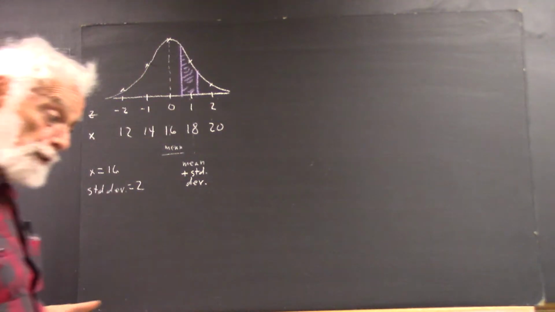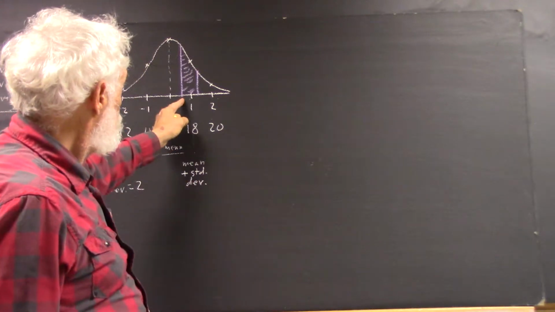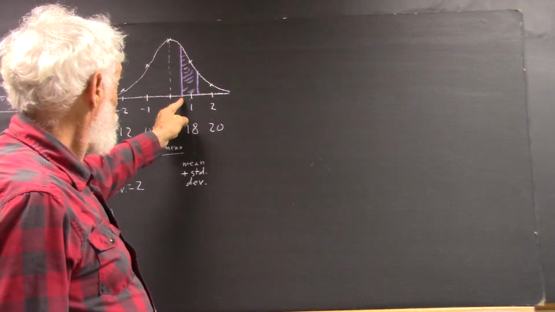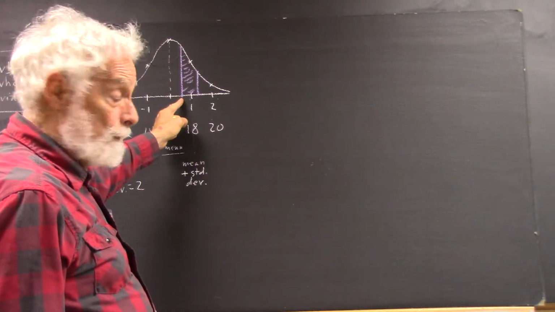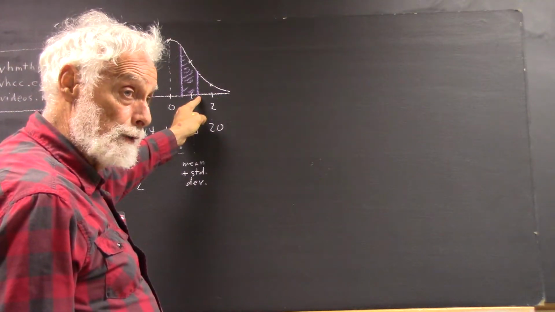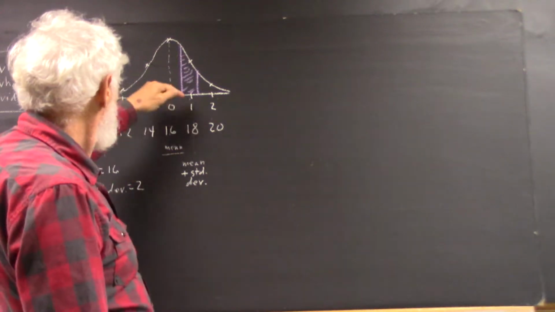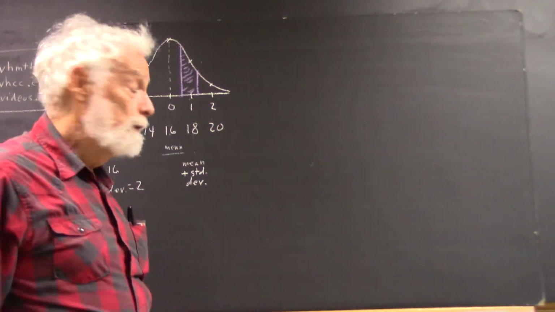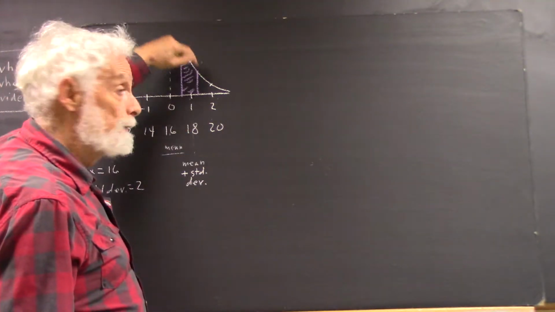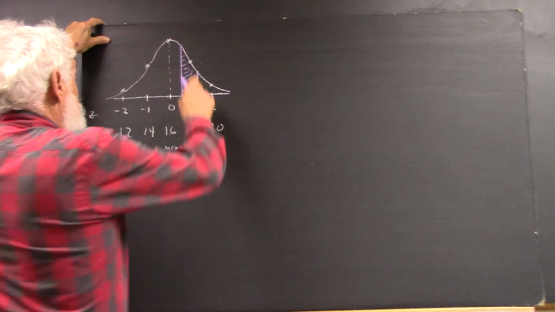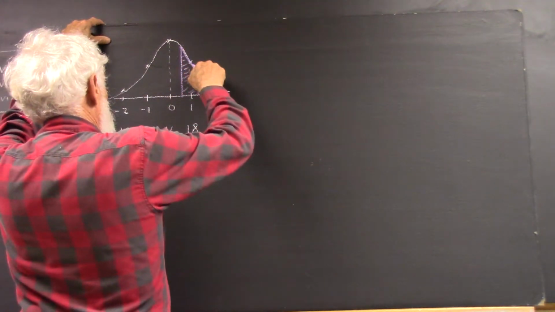Now you understand that if you knew what the z value was here and what the z value is here, you could evaluate your n of z function and you could do a trapezoidal approximation of this area.